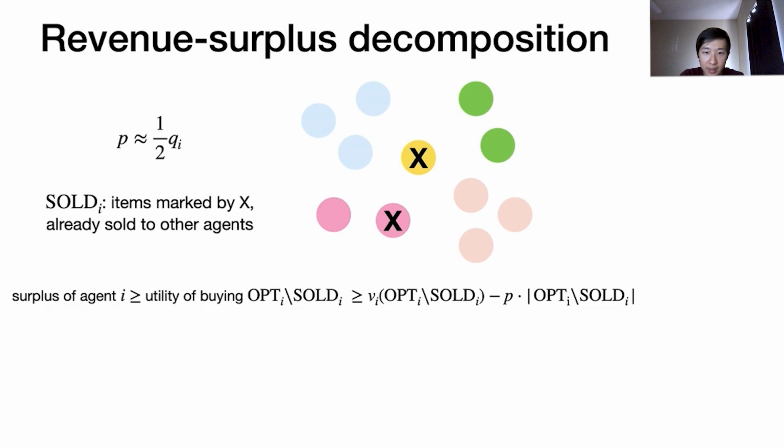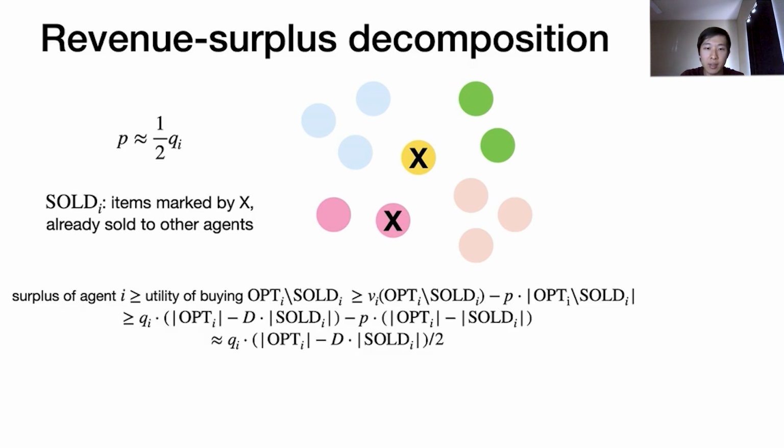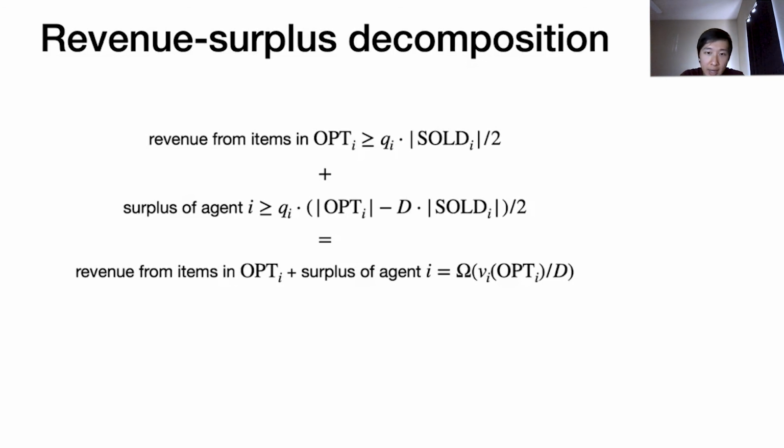Right? And the utility of buying opt i minus sold i is Vi of opt i minus sold i minus P times the size of opt i minus sold i. And it turns out this is lower bounded by Qi times opt i minus D times sold i divided by 2. Then we put the two bounds together, and that gives us that the revenue from items in opt i plus the surplus of agent i is at least Vi of opt i divided by D, which is what we want.